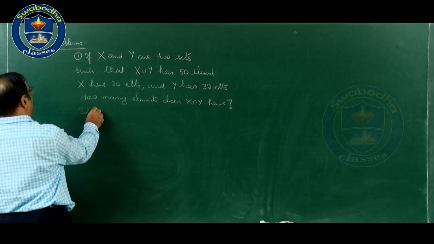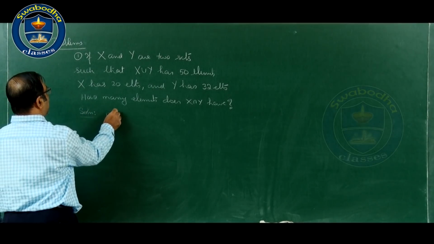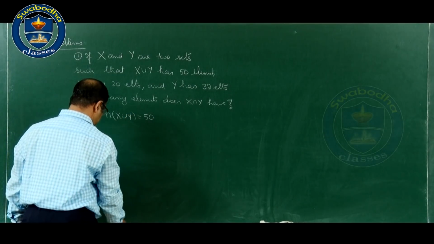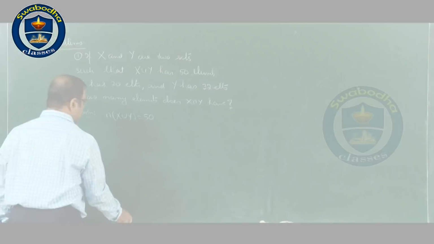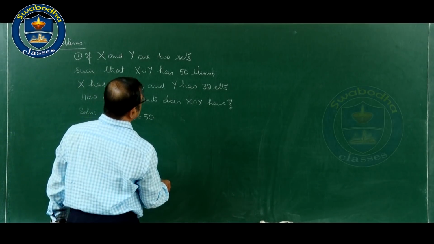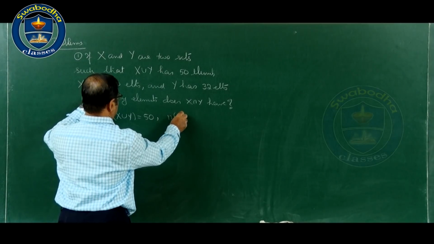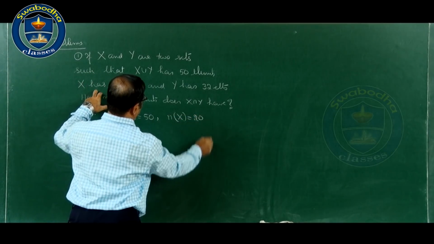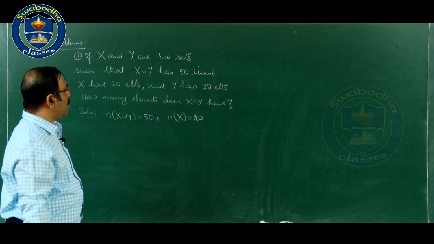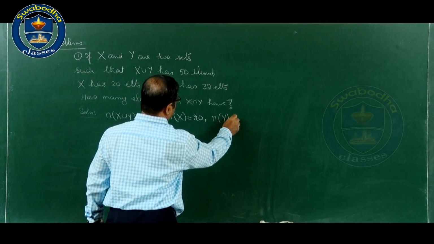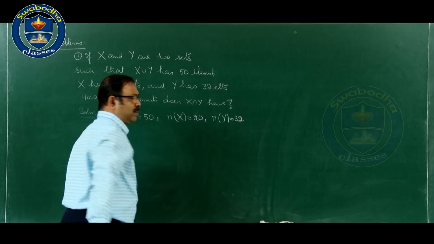Now, x and y are two sets such that x union y has 50 elements. So, n of x union y is equal to 50. Next, x has 20 elements, n of x is 20, y has 32 elements, so write n of y is 32.